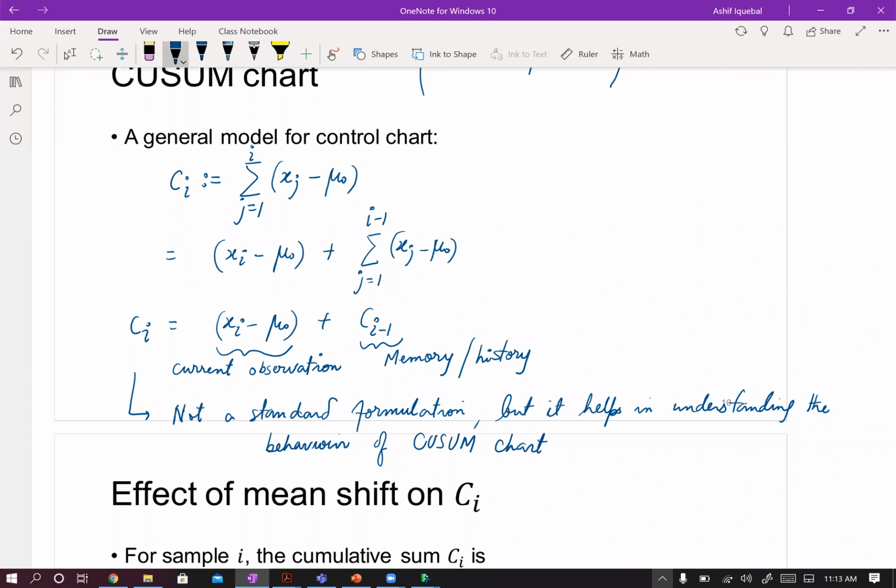We will see what a standard formulation is in a little bit, but for now, let's try to understand how a CUSUM chart would behave under different circumstances, okay?